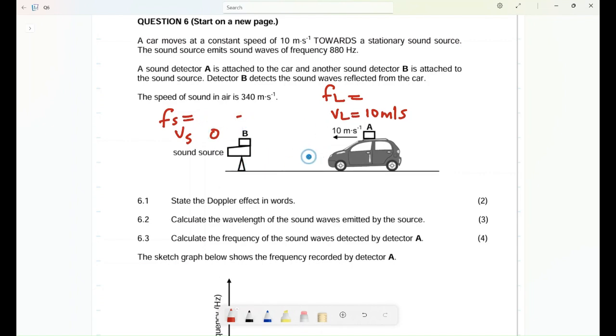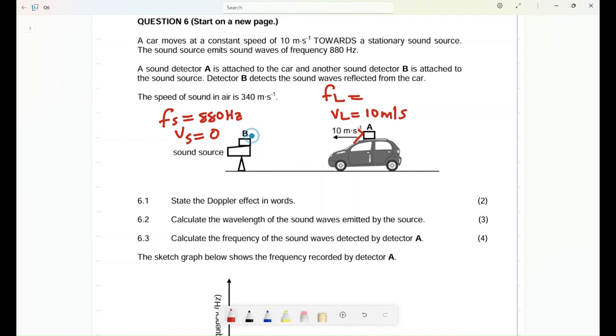The frequency that the sound source emits to the car will be returned back to B. The sound source emits the waves to A, then A will return the waves to B.